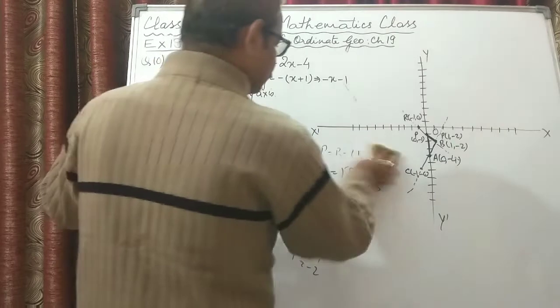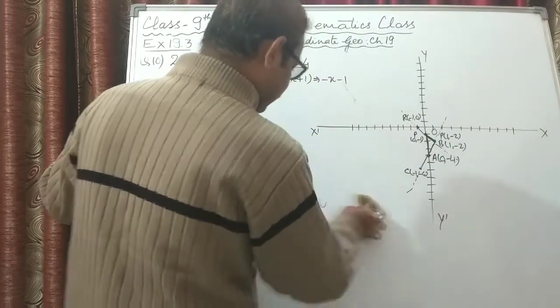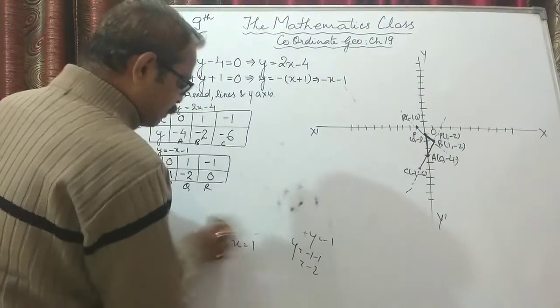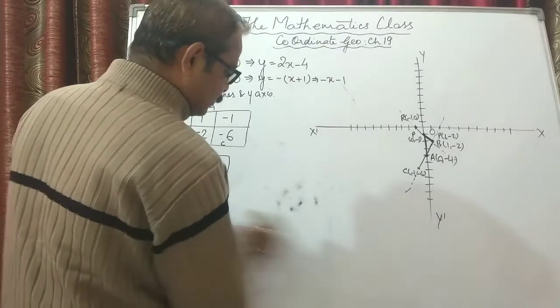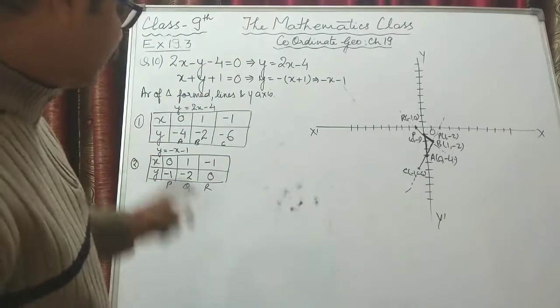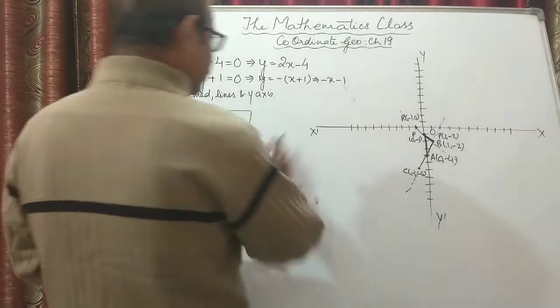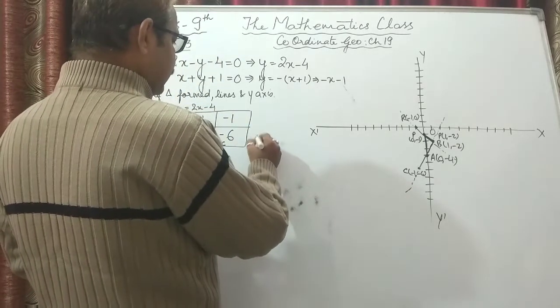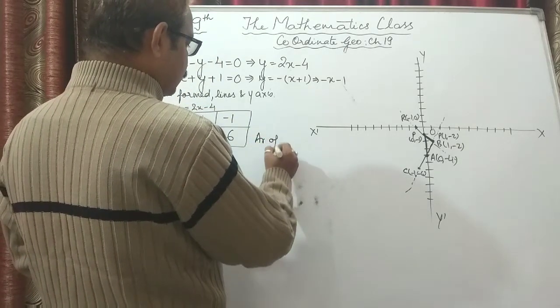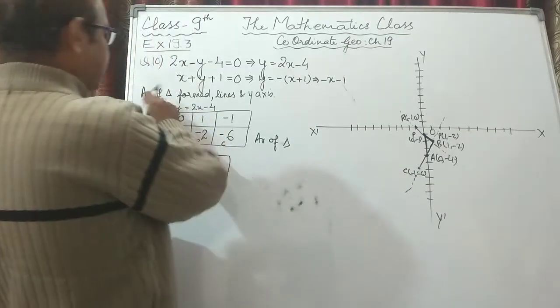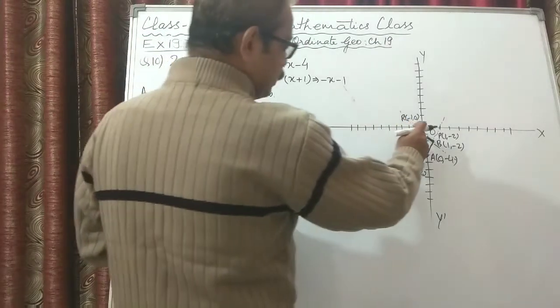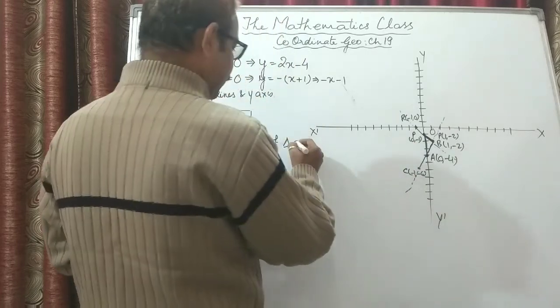The second part is find the area. So we can see which triangle is formed, the triangle formed by these lines, PBA.